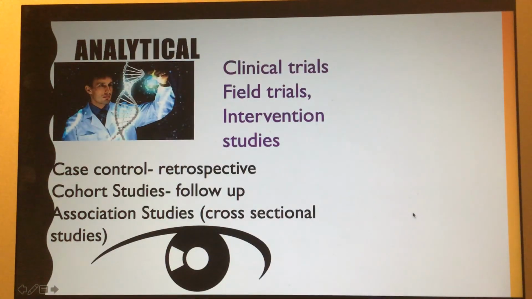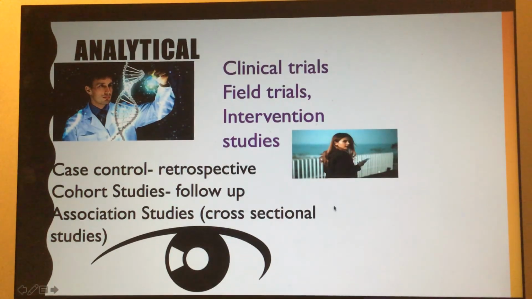While analytical epidemiology is divided into two. One is the experimental study, and another one is the observational study. For experimental study, we include clinical trials, field trials, interventions, and intervention studies. And for observational studies, it could be case control, for example, retrospective.